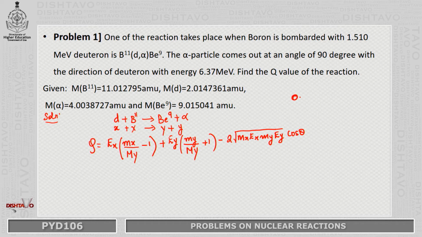So here the incident particle is made incident on a target nucleus, so it will split up into a product nuclei and a product particle, that is y.